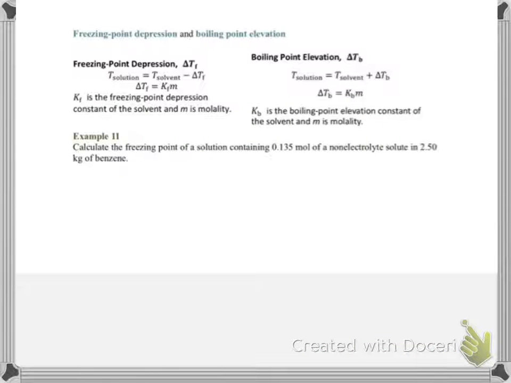The next two colligative properties that we're going to discuss are freezing point depression and boiling point elevation. Now, addition of a solute to a solvent will cause the freezing point of the solution to be lowered compared to the pure solvent.